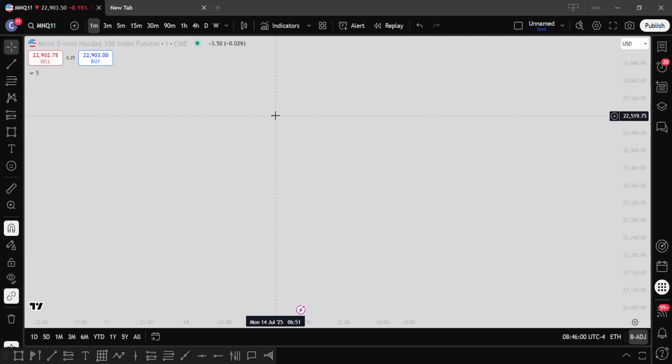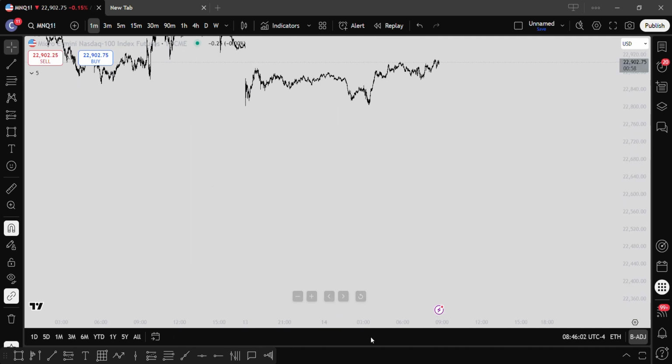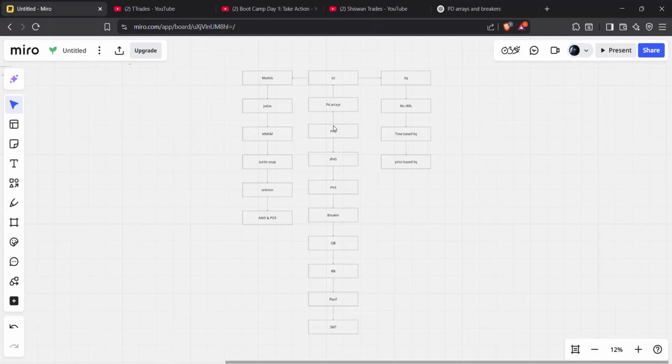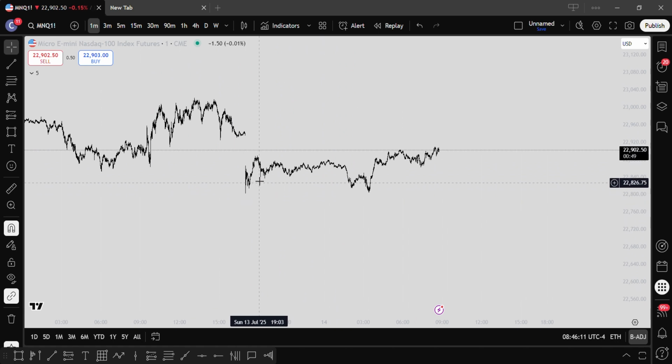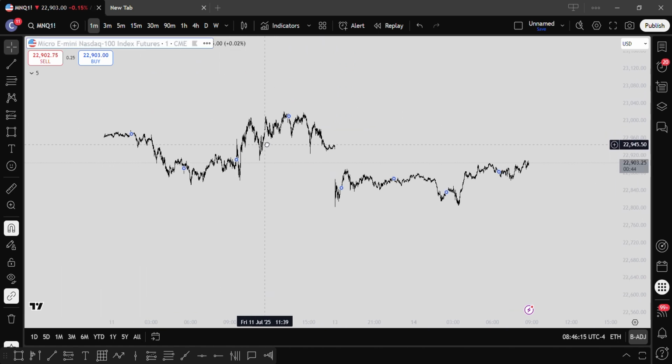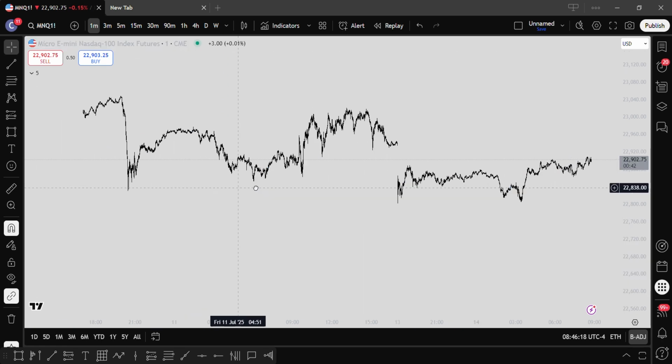Okay, so what is a PD array? PD arrays are levels in the market which I have interest in, like areas in the market that I would like to take a position of.